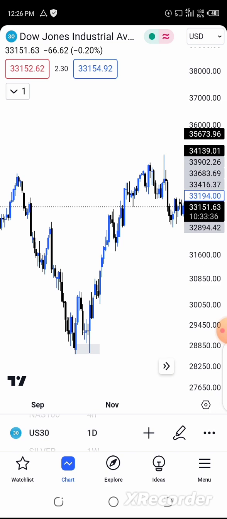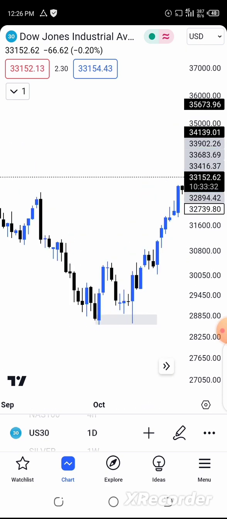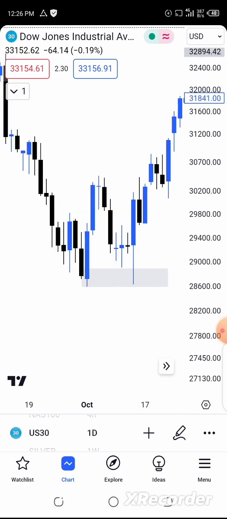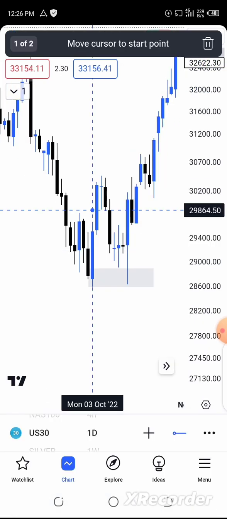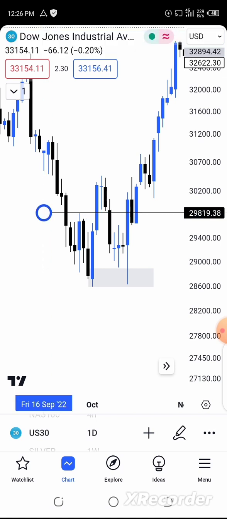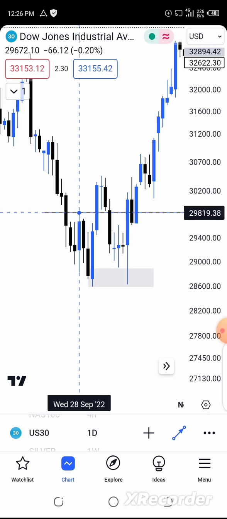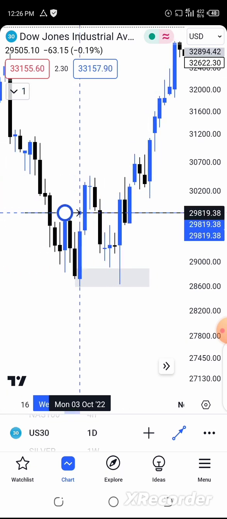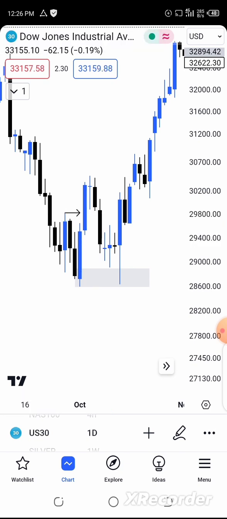When I look at US30 on the higher time frame, I could see that US30 was bullish from these points after price broke this high. I'm on a daily time frame. I'm starting on the higher time frame, right?